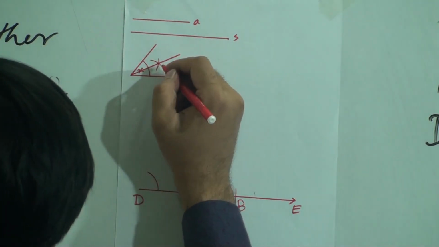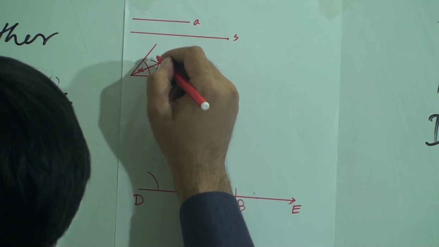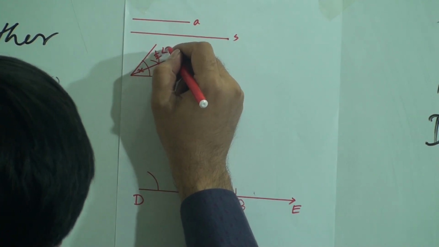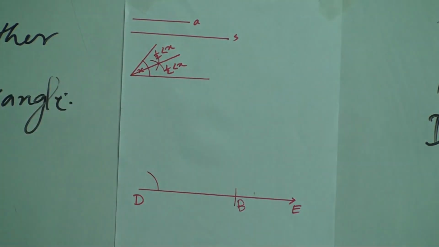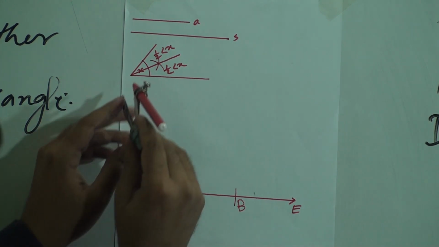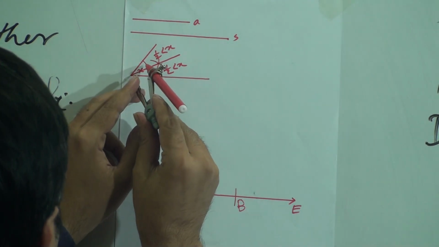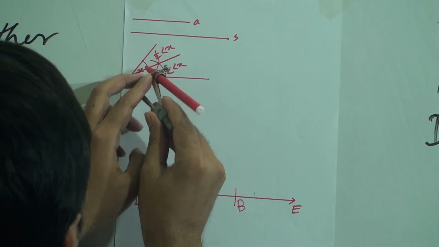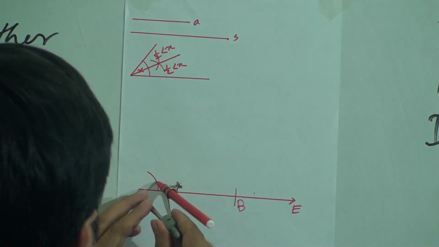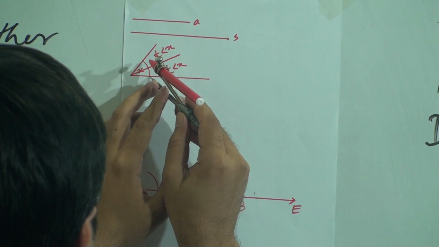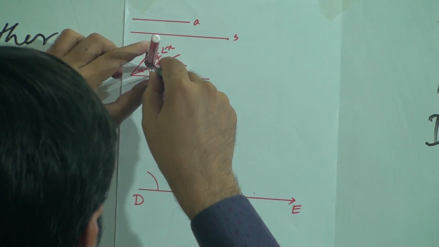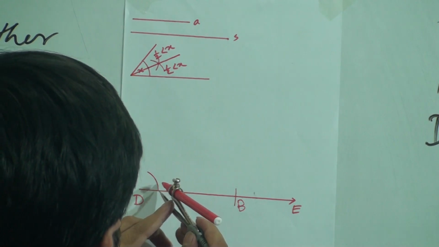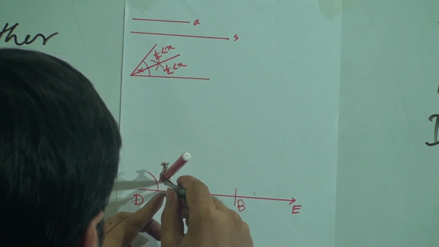So this angle means half of angle X and this angle means half of angle X. So at point D we have to draw half of angle X. At first we have to draw the arc here. Then measure the length of this part, as we need to draw half, and cut from here.